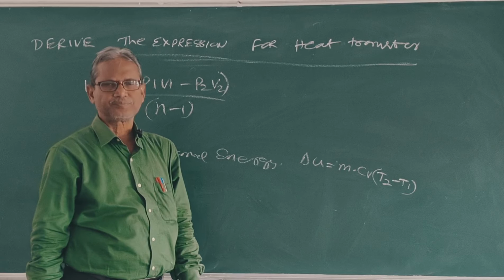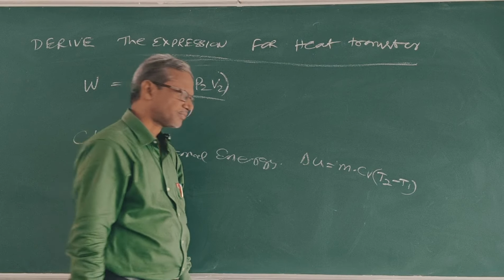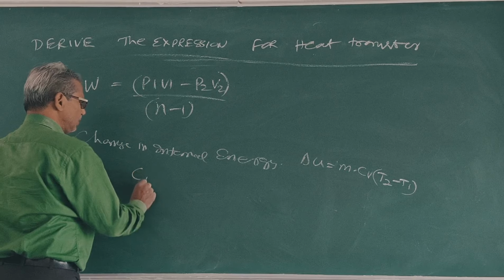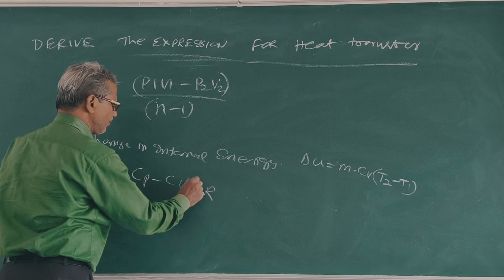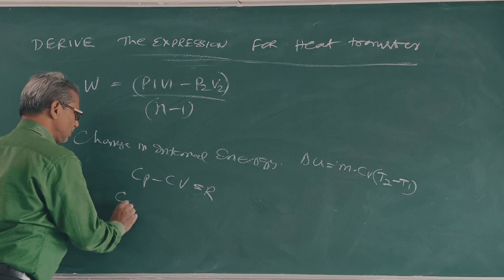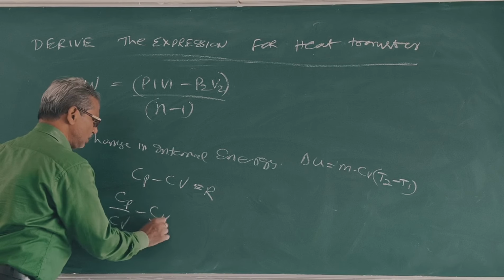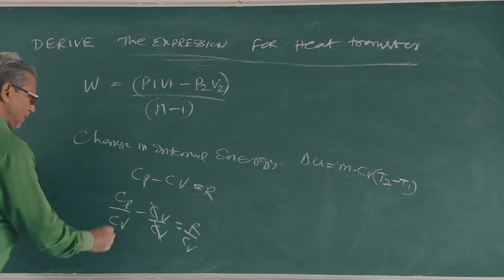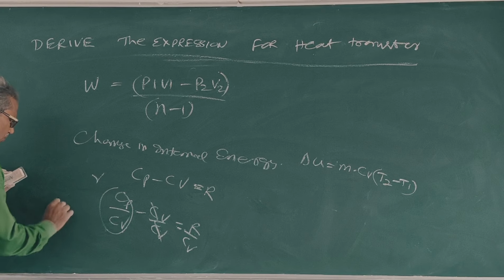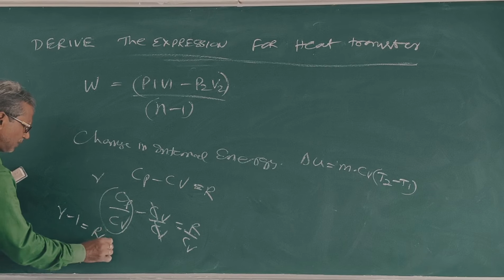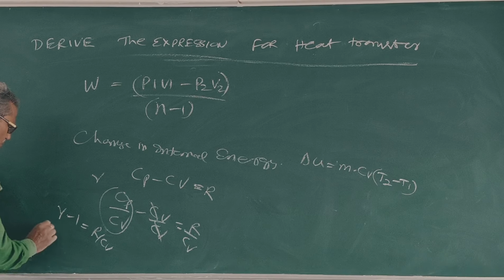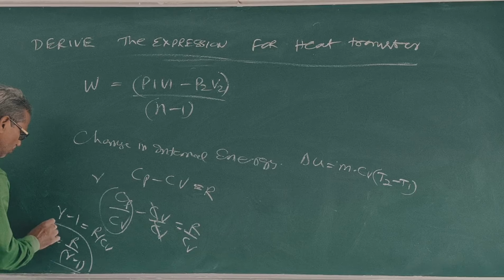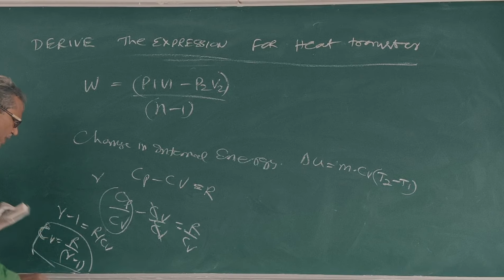What is Cv? We know Cp minus Cv is equal to R. Divide by Cv, so Cp by Cv minus 1 is equal to R by Cv. This is gamma. So gamma minus 1 is equal to R by Cv. So Cv is equal to R by gamma minus 1. Put this value here.